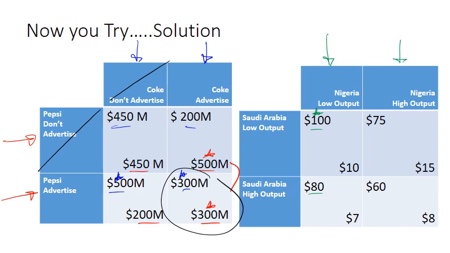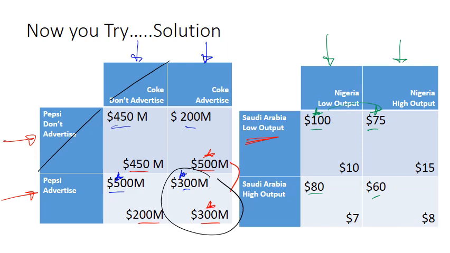If Nigeria were to go with high output, the Saudis would start wondering, well, once again, low or high? Turns out that low is a dominant strategy for them. They're always going to be better off, no matter what Nigeria does, as long as they go with low output. Nigeria, on the other hand, is going to start thinking, what if Saudi goes with low output?